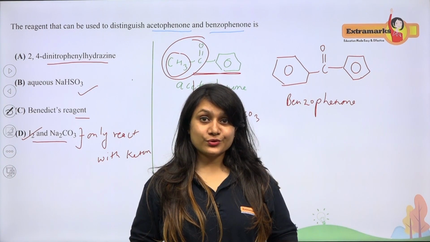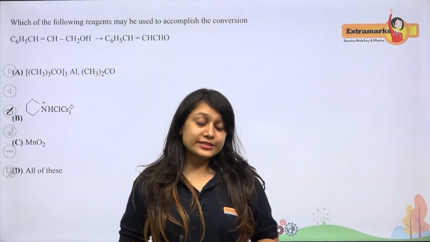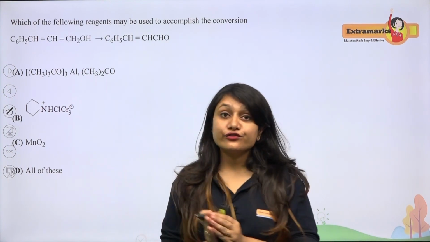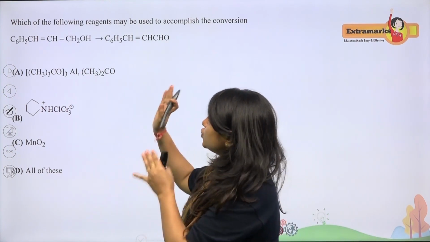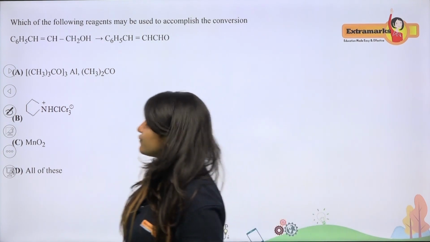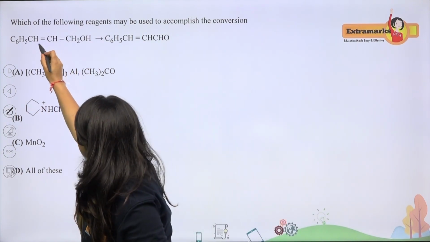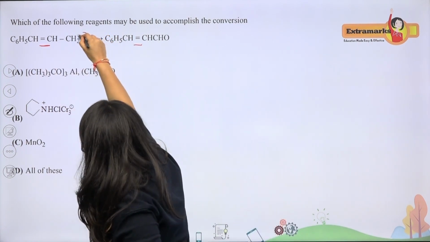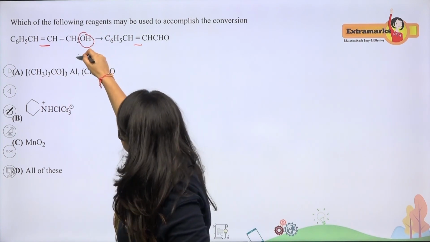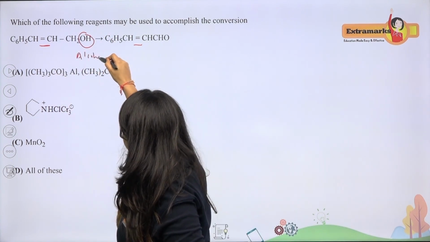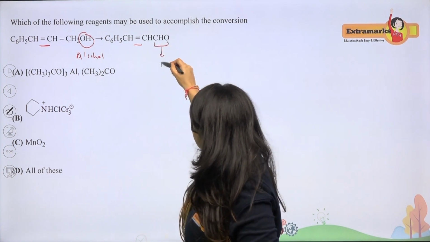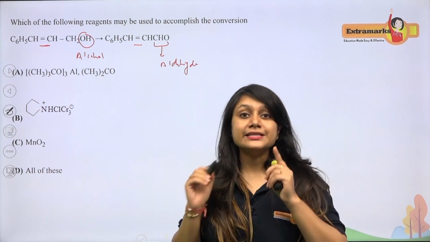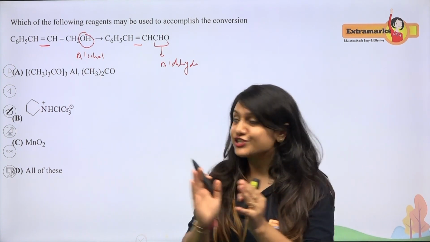So let's start with another question. Here it is. In this particular question, they are asking which reagent can do the following conversion. The double bond is exactly the same here. What is changing is that this OH functional group, the alcohol functional group, is going to get converted into an aldehyde. So what is this reaction called? Can anybody tell me? Yes, this is an oxidation reaction.